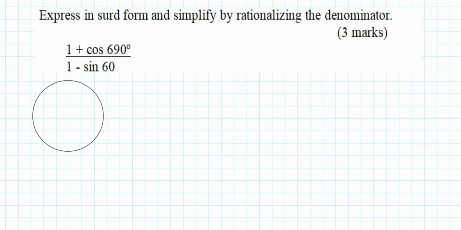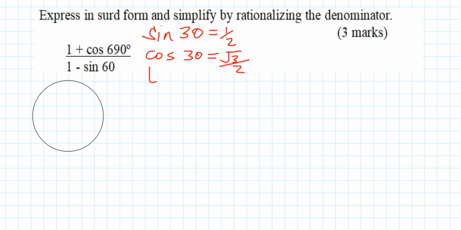So we have the sine of 30 degrees, which is equal to half. We have the cos 30 degrees, which is equal to square root of 3 all over 2. And also we have the tan of 30 degrees, which is equal to 1 out of root 3.